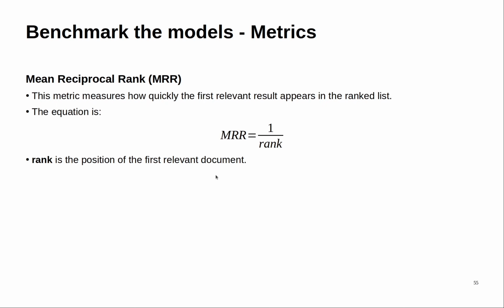If I take a question, I know that there is only one document or one text chunk that answers that question. And if that document appears at the first position, then rank is going to be equal to 1, and MRR is going to be equal to 1, which is the highest value. If that document appeared, let's say, at the 5th position, then MRR is going to be equal to 1 over 5, and the score is going to be very low. So this is what I mean by measures how quickly the first relevant result appears in the ranked list.